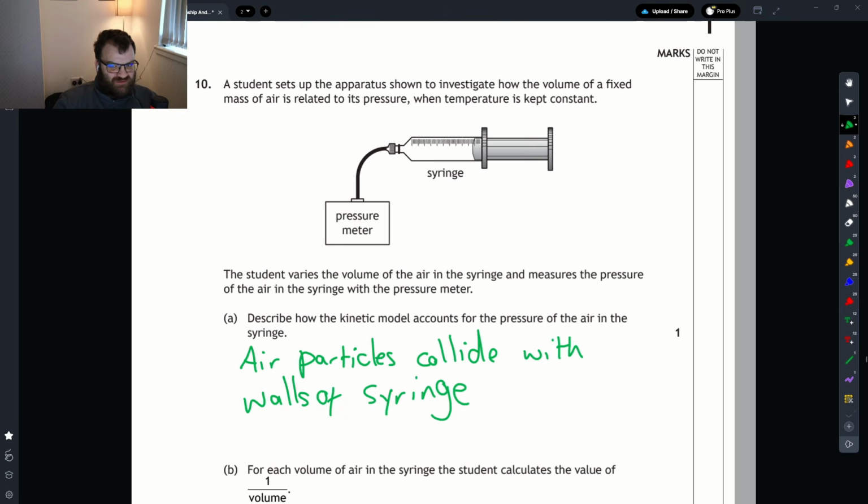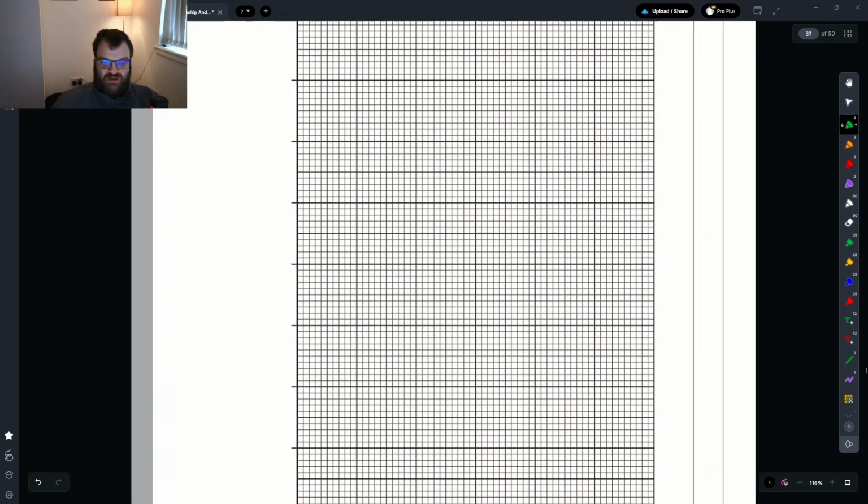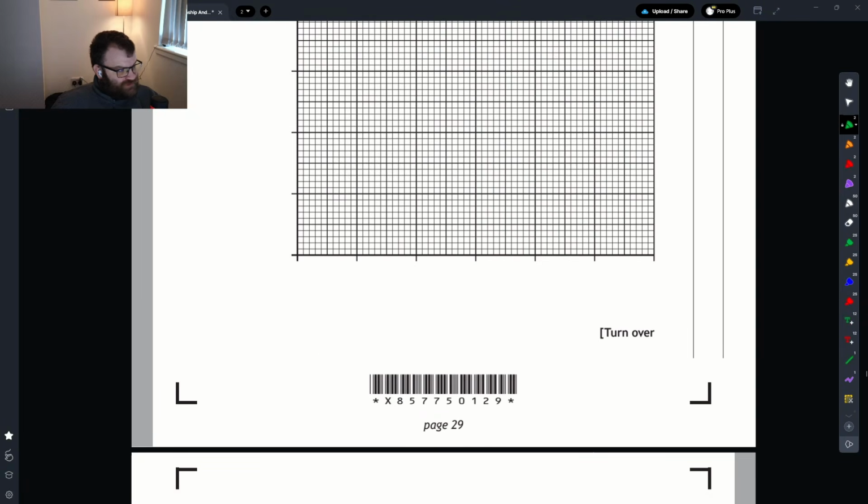You decrease the volume, they're going to collide more often because they're packed into a tighter space and things like that as well. They went for calculating the value of 1 over volume and then relating that to the pressure graph. Lovely jubbly. Right, what have we got then?